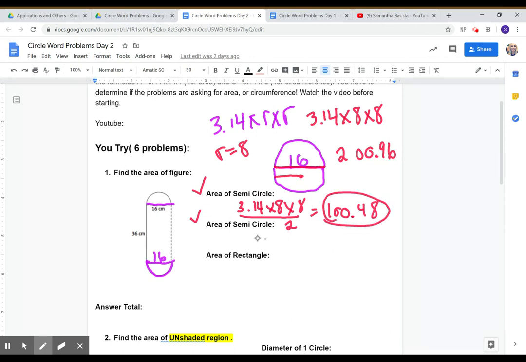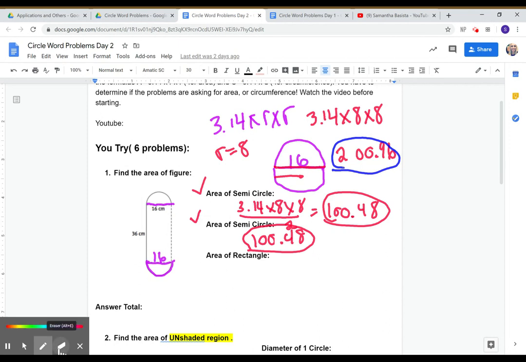And then the other semicircle would also be 100.48. If I add those 2 together, the 2 half circles do make the whole circle of 200.96. So either way, I'm still getting 200.96. So we did the half circles. We found the area of the half circles. Now let's find the area of the rectangle.